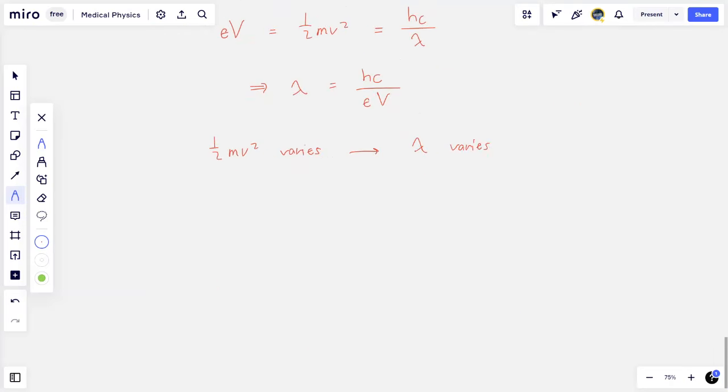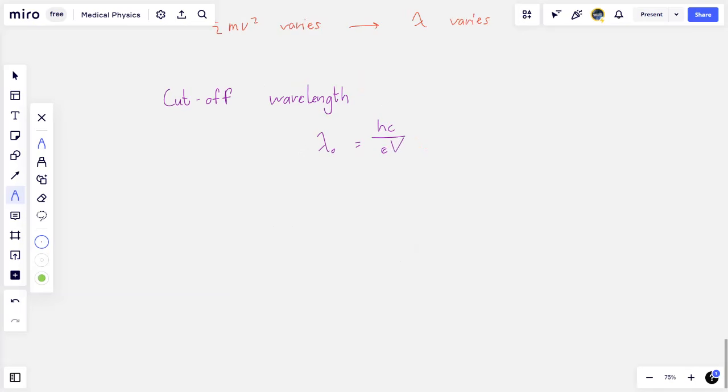Okay, so we can then define what we call the cutoff wavelength. And the cutoff wavelength is simply the minimum wavelength. Remember, not only one wavelength of X-rays can be produced, we can produce a variety. And so the minimum wavelength, lambda naught, like we said before, is hc over eV. This is the minimum wavelength of X-rays, which means we can't produce X-rays with any lower wavelengths.